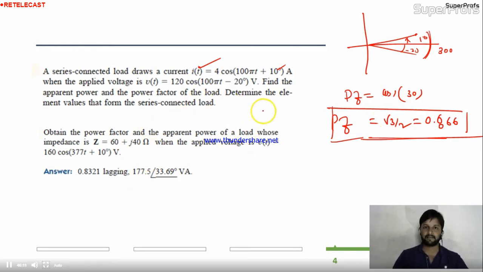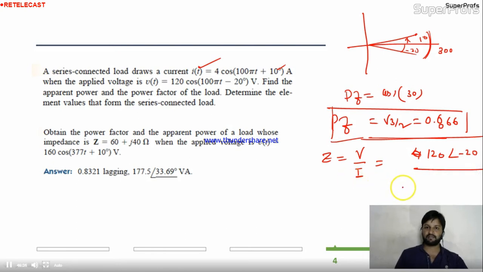Now the next question: determine the element value of the series connected load. So what is the element value? Element value is nothing but Z, which is V by I. The V is given over here, 120 at an angle minus 20, and current is given 4 at an angle 10.